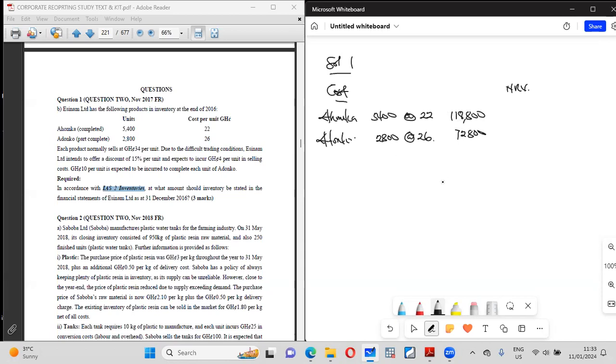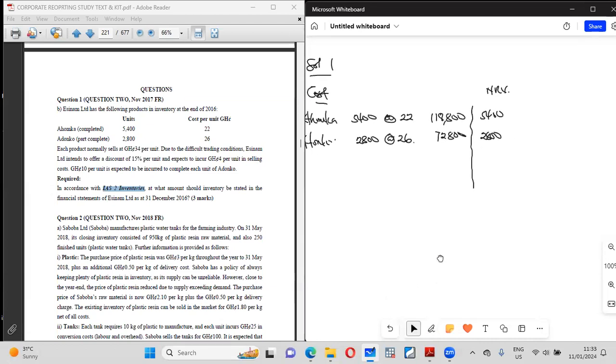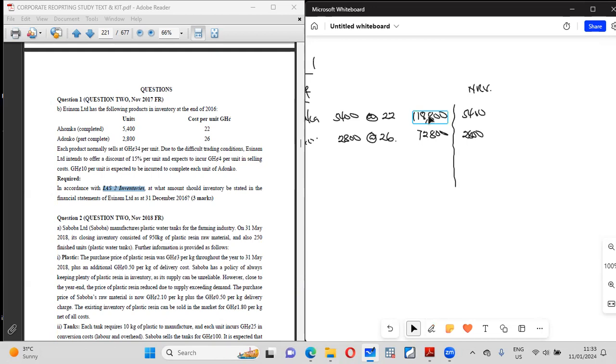What about the net realizable value? Of course, the quantity is still the same, but the pricing here is something you have to check. We said you need the net realizable value, which can be estimated.